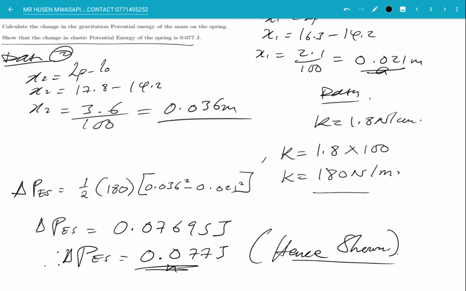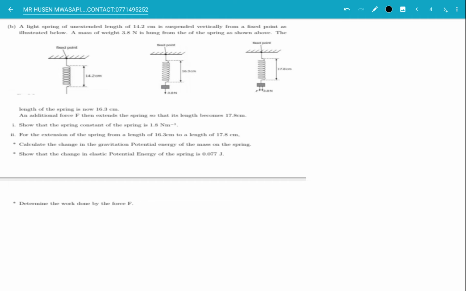Let's look at the last question. The last question says determine the work done by the addition of force F. So work done is equal to the change in elastic potential energy minus the change in gravitational potential energy.